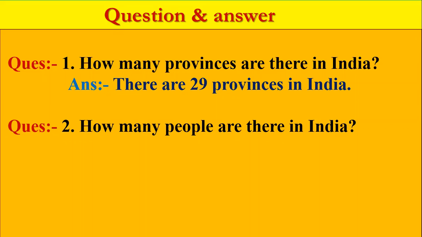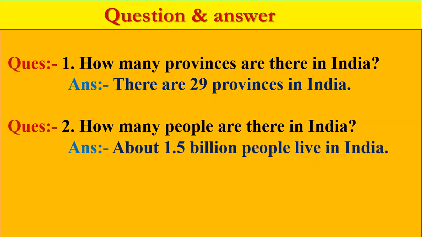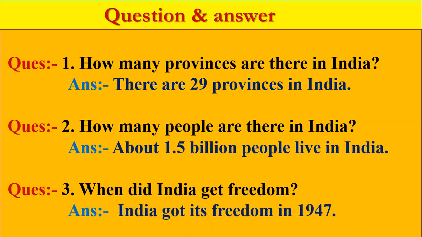Question number 2, how many people are there in India? About 1.5 billion people live in India. Well done. Question 3, when did India get freedom? India got its freedom in 1947. Very good.